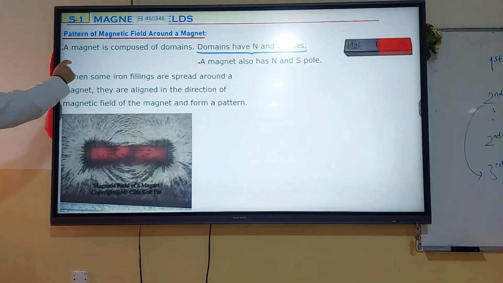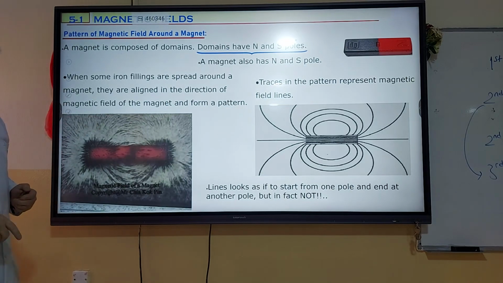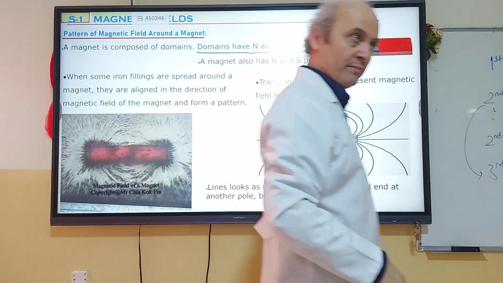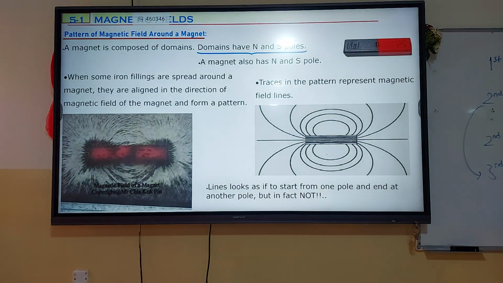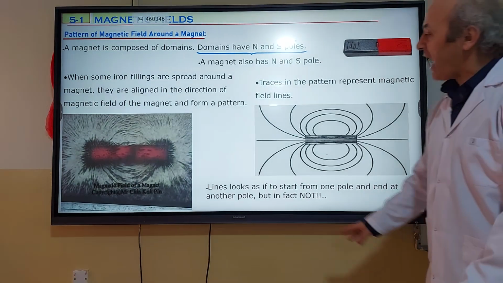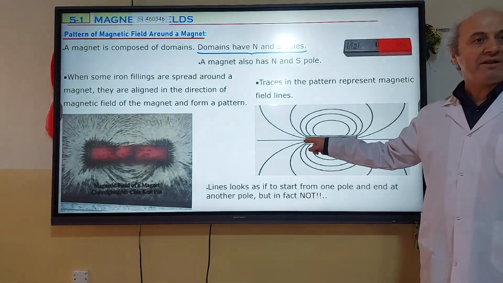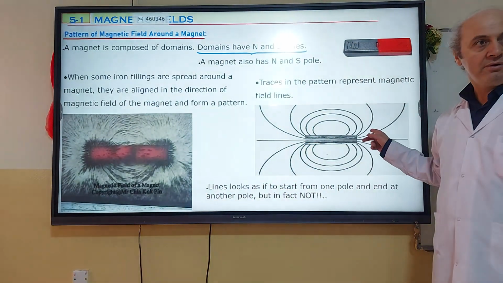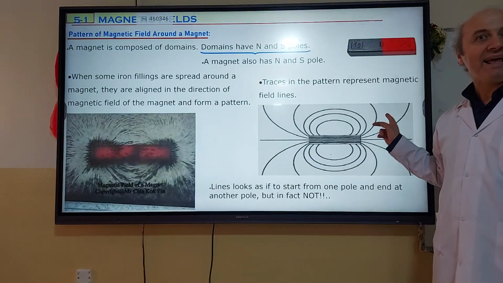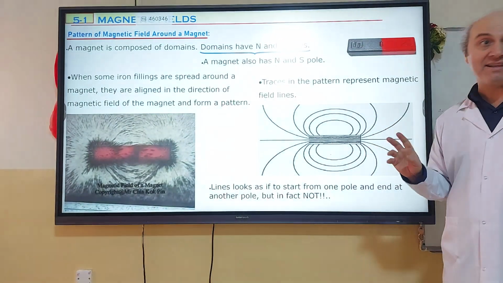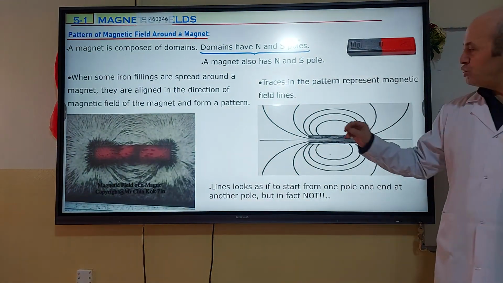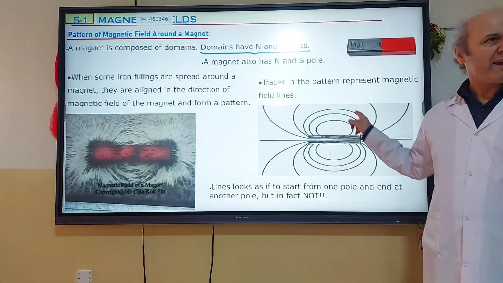Okay, but I know that the pattern is going to look like this around the magnet, the pattern of the magnetic field. The lines look as if they start from one end and end at another end. However, it's not like this. They make loops.